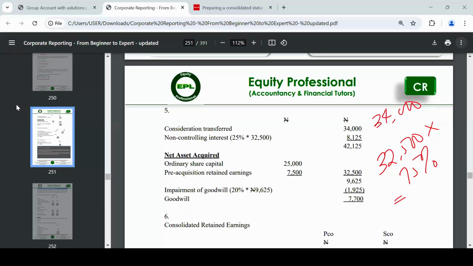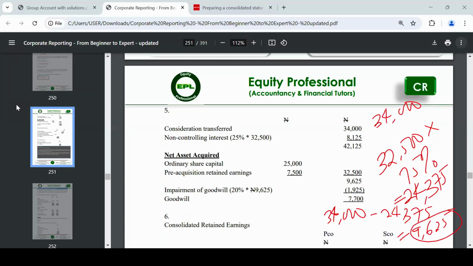Now, that 9,625, okay, let me go like this: 34,000 minus 24,375, I'm going to get an amount 9,625, which is the goodwill. So it is only the parent who is transferring a consideration that is higher than the net asset acquired.